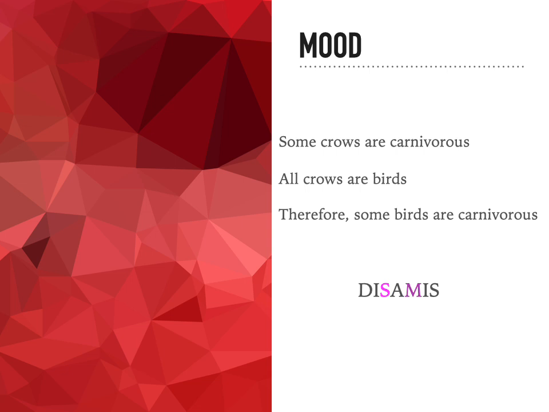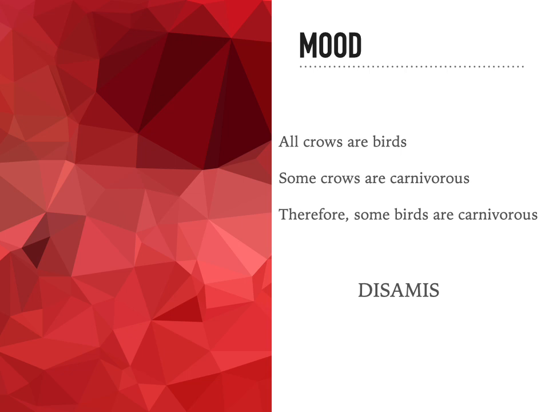But also it's going to require a mutatio. So we're going to have to flip some statements here, and also switch some things around. So instead of having all crows are birds as a second statement, we're going to make that the first statement. All crows are birds, some crows are carnivorous, therefore some birds are carnivorous.